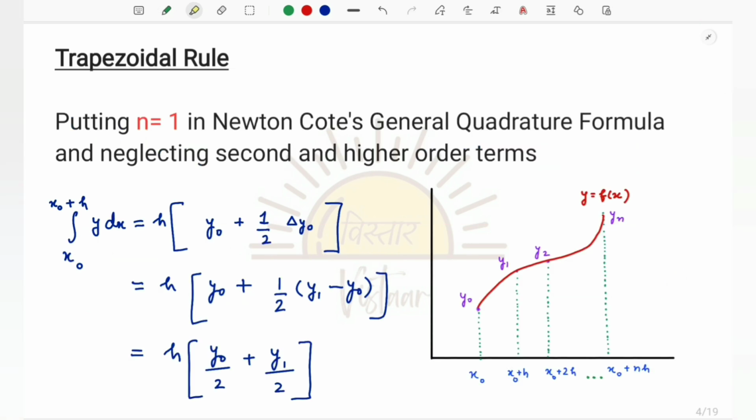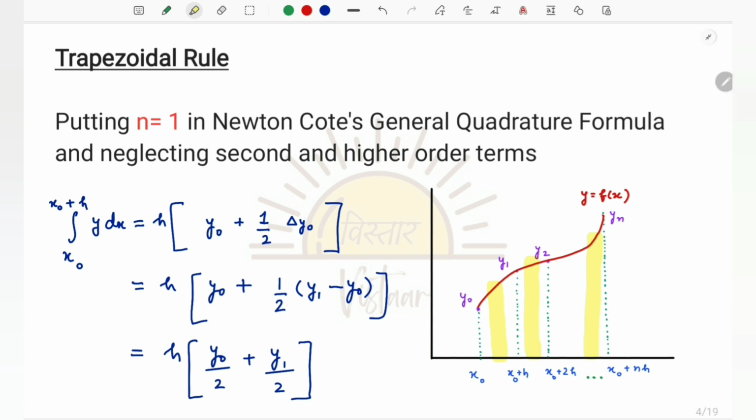Let me sum up the trapezoidal rule for you. It is basically a numerical integration method in which we divide the complete interval into smaller subintervals. In this case, it is of trapezoidal form. As you have seen, first we integrated this subinterval, then we integrated this one up to the last subinterval, and in the last we have found the sum of all these smaller subintervals.